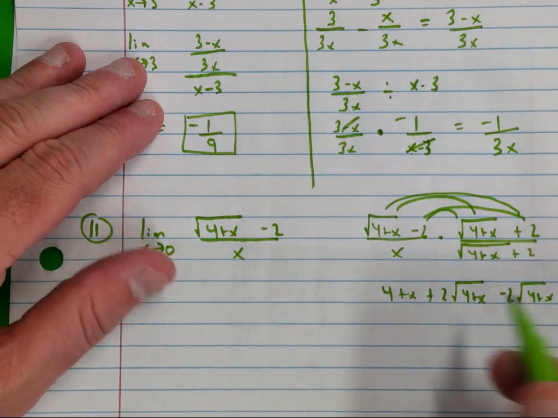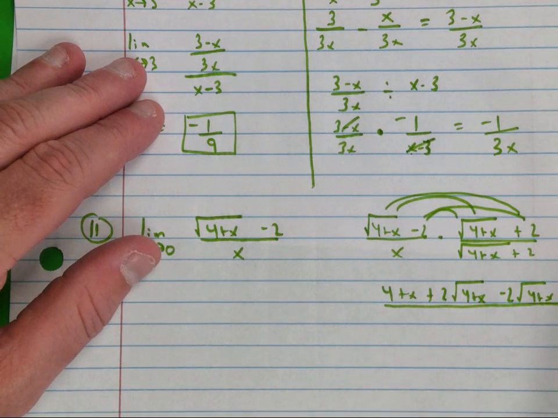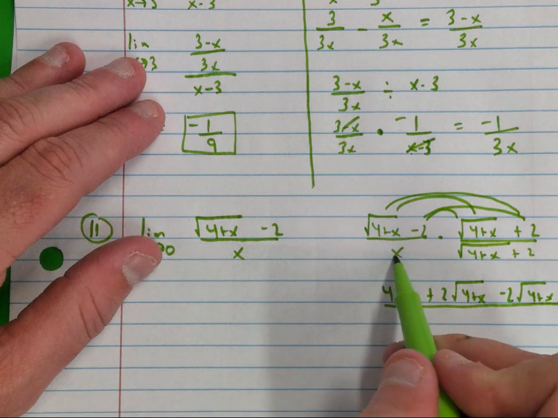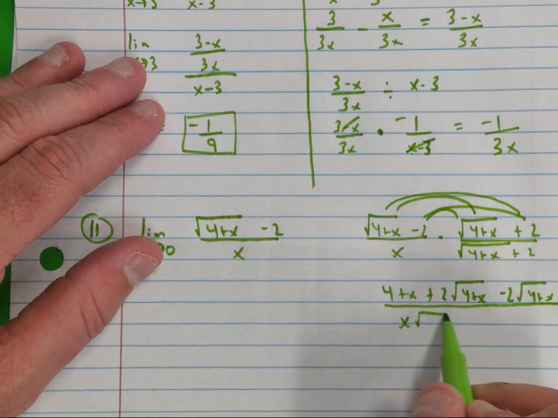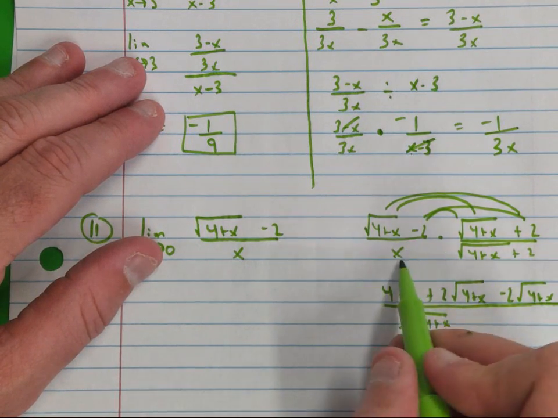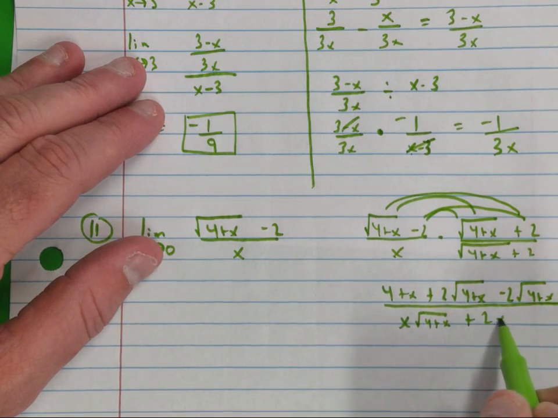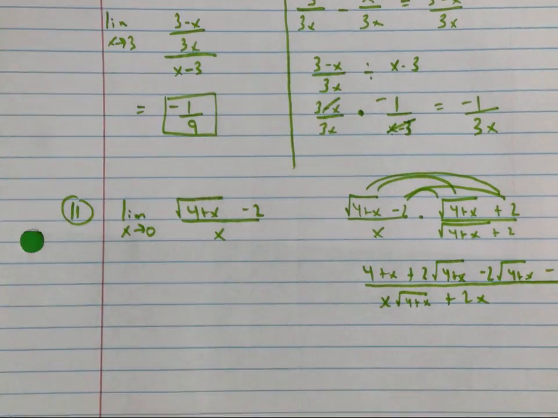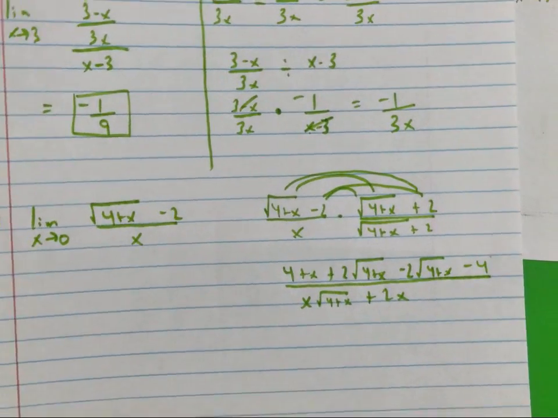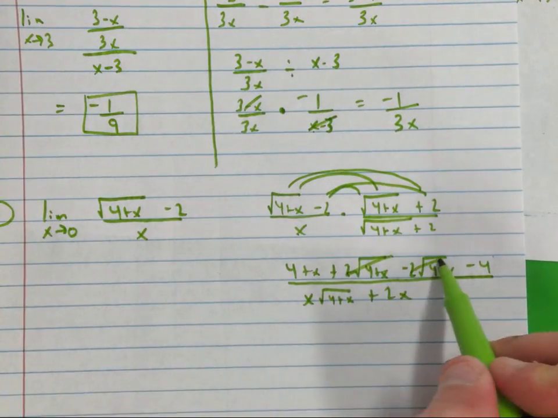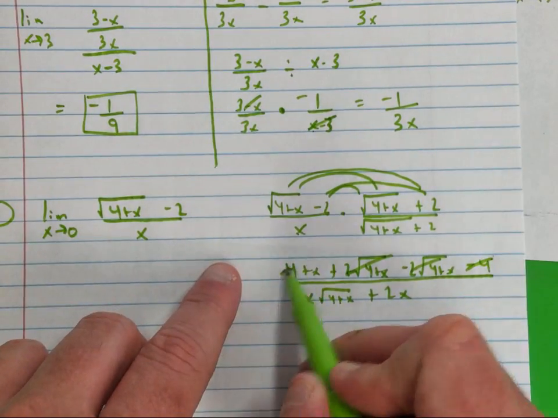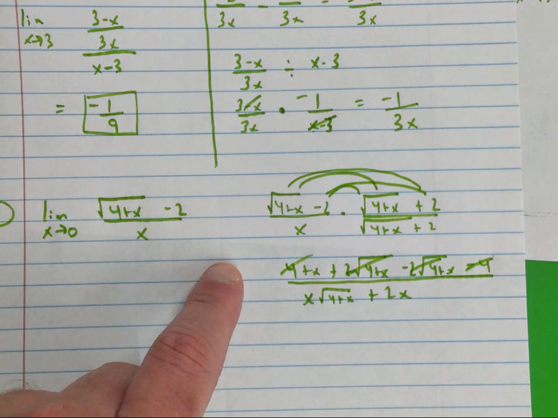Hey, Dr. Mosley. Good. Alright. Now, x times this will be just x square root of 4 plus x. X times 2 is plus 2x. Now, I'm going to clean it up a little bit. These go away. What's 4 and -4 do? That goes away as well, doesn't it?